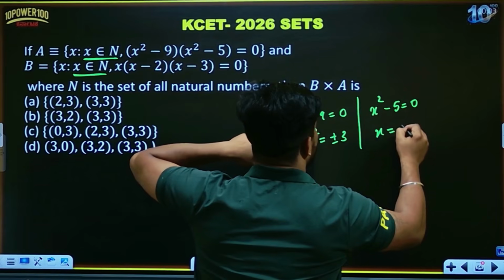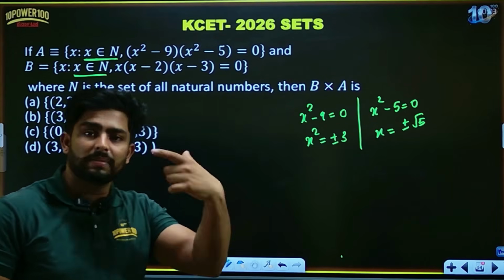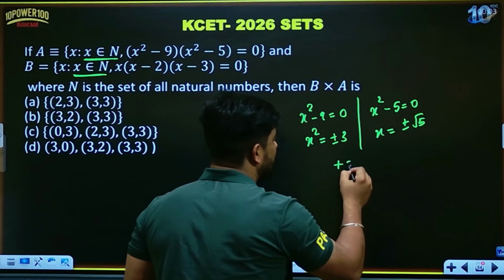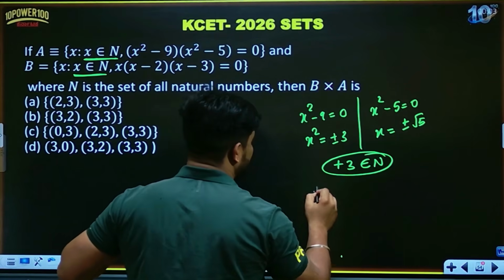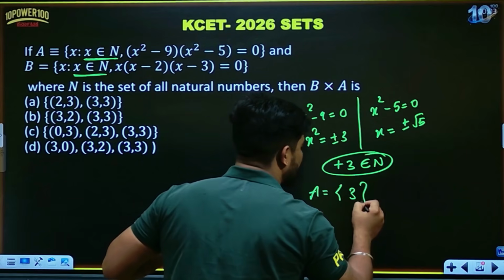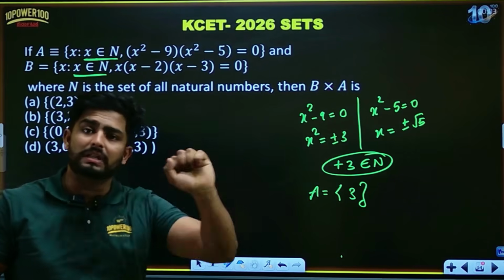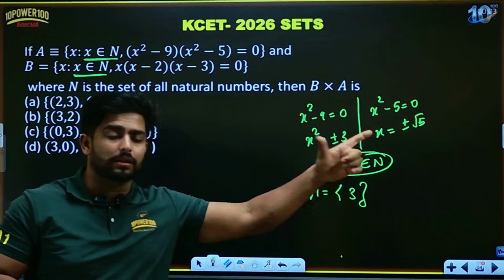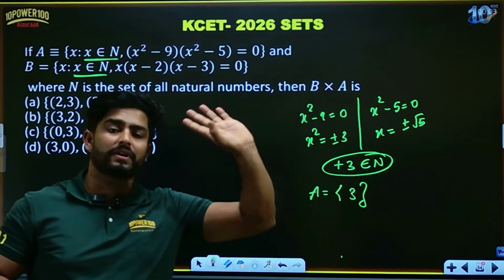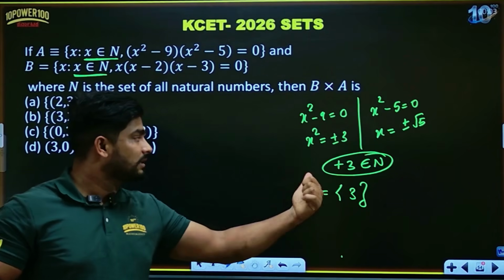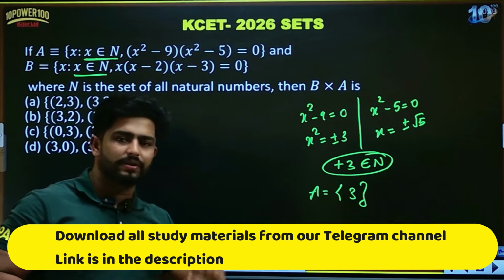If you solve this, x is equal to plus or minus root 5. Among these, only 3, just plus 3, belongs to natural numbers. The rest will not be included. That means set A is equal to only 3, children, only 3. Understood? Because they have given only x belongs to natural numbers, that's the reason. Otherwise, if they had given real numbers, everything would be included: minus 3, plus 3, minus root 5, plus root 5. But since it is only natural numbers, that's why we have taken 3.